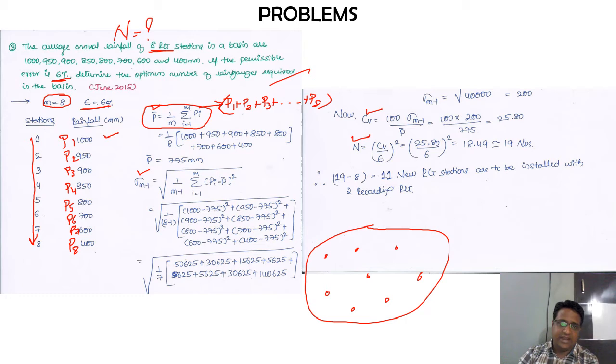So 1000 is your P1, 950 is P2, 900 is P3, 850 is P4, 800 is P5, 700 is P6, 600 is P7, and finally 400 is P8.